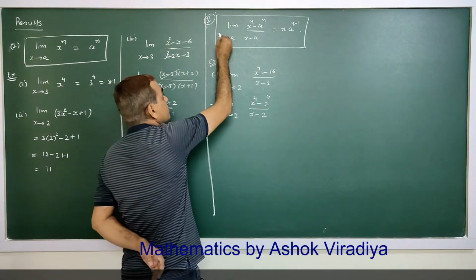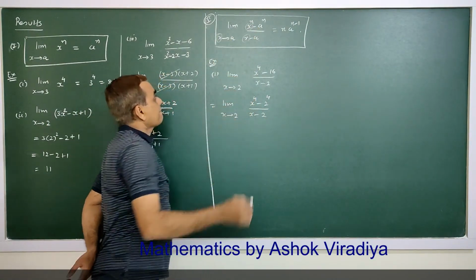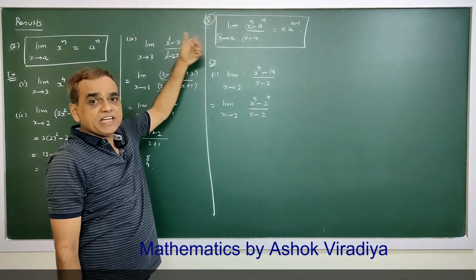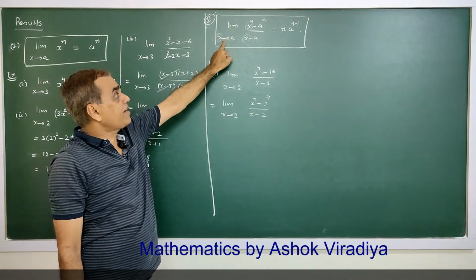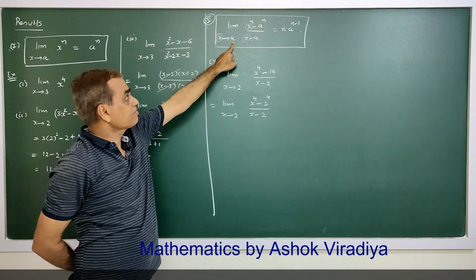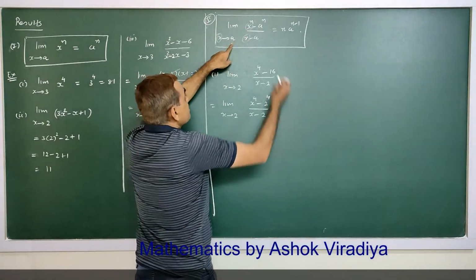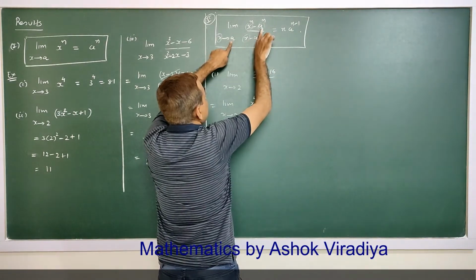Here this is the variable. The variable is always on the left of the arrow in every question. This number is always a constant, which is on the right hand side of the arrow. So this is the variable, and the same number must be here: a. If this is 2, here there should be 2.